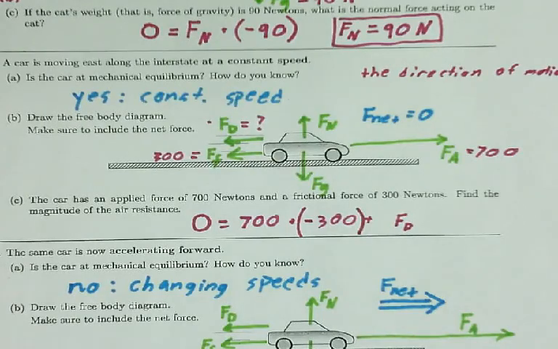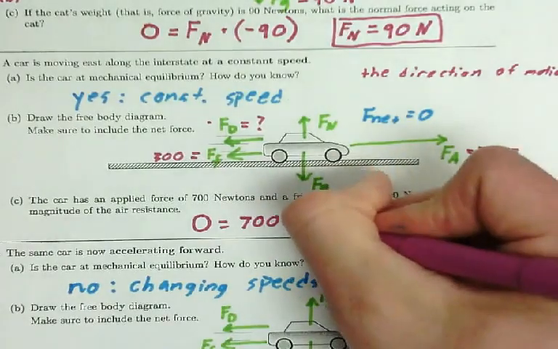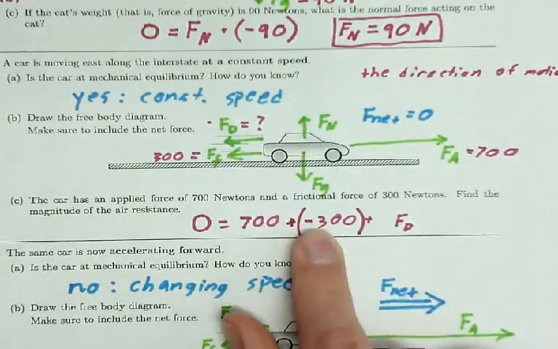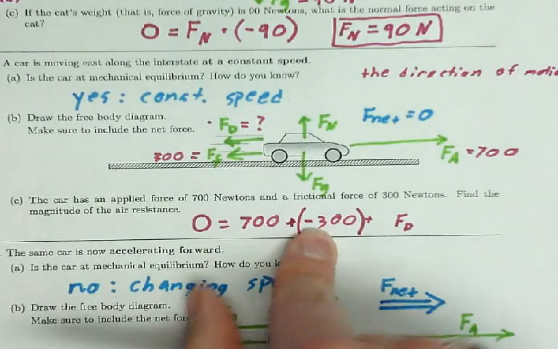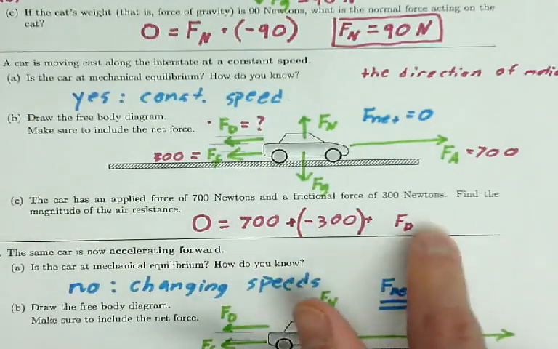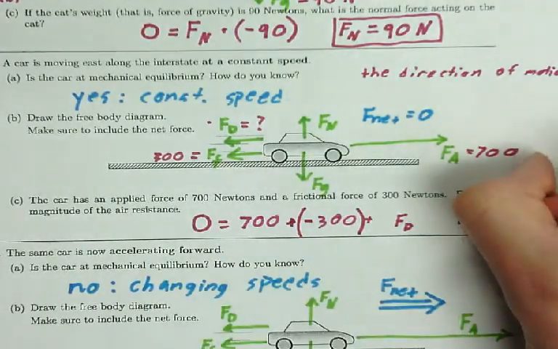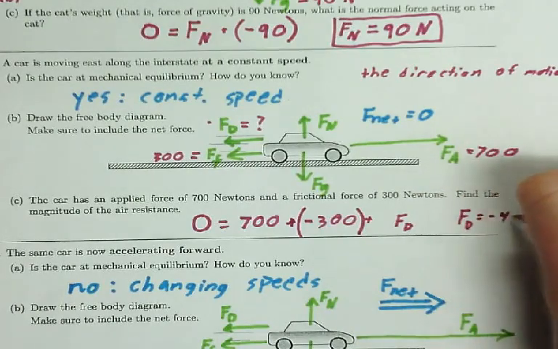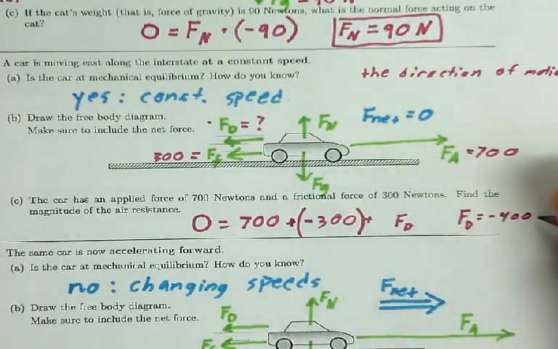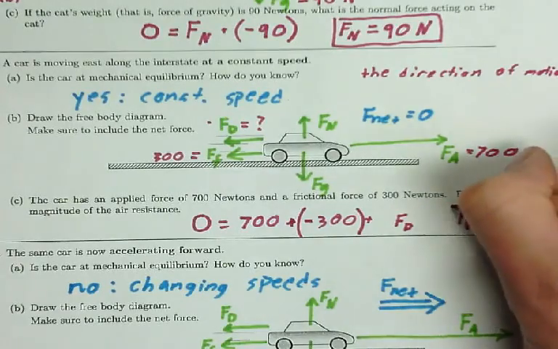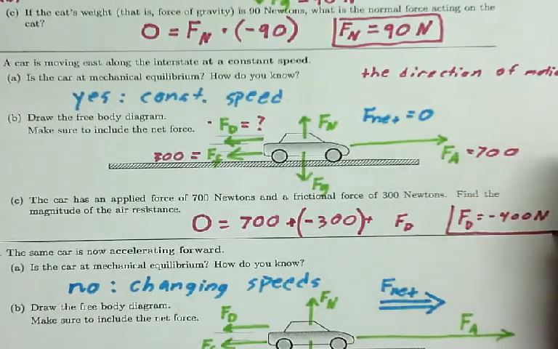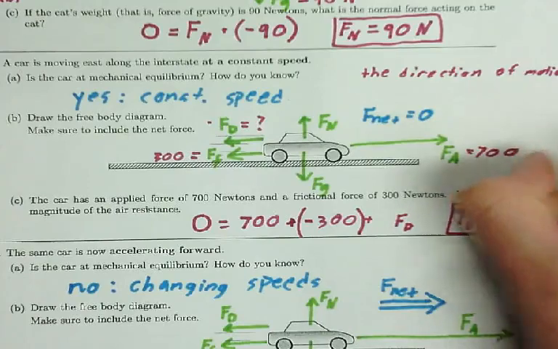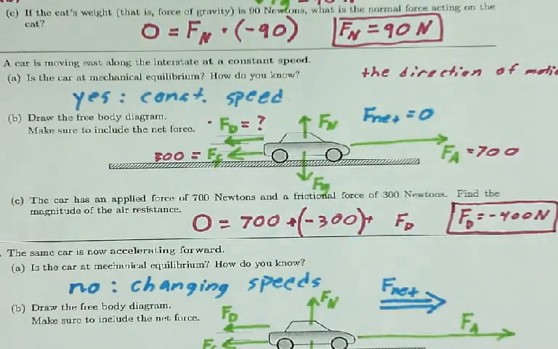So 700 minus 300 is 400. You have to subtract that to the other side to get it away from drag, and you get drag equals negative 400. Okay, there we go.